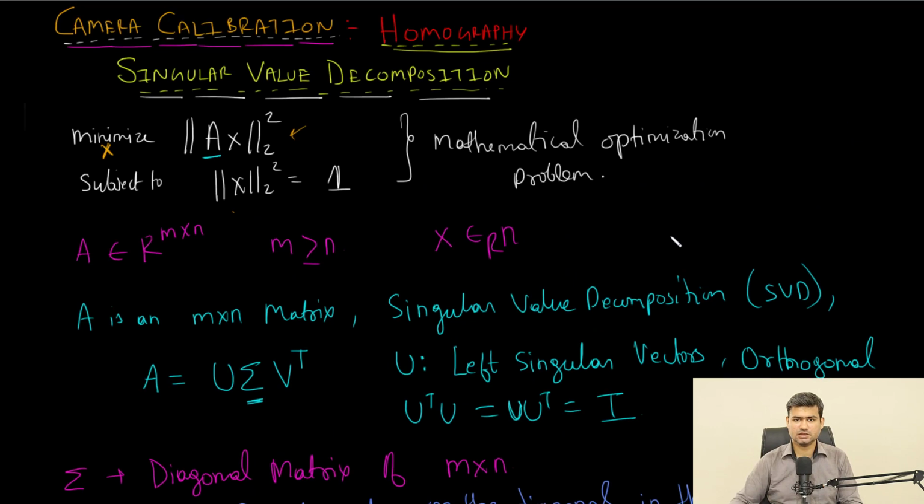Once we have learned how we can minimize the objective function using singular value decomposition, we will then go back to the homography to compute the camera calibration parameters. But here we will take this as a standalone topic which can be studied on its own, to solve a minimization problem of this form.